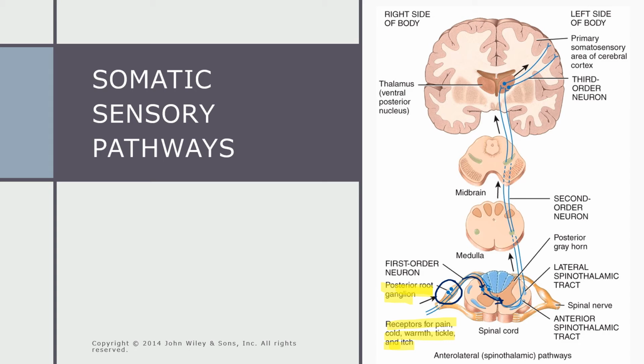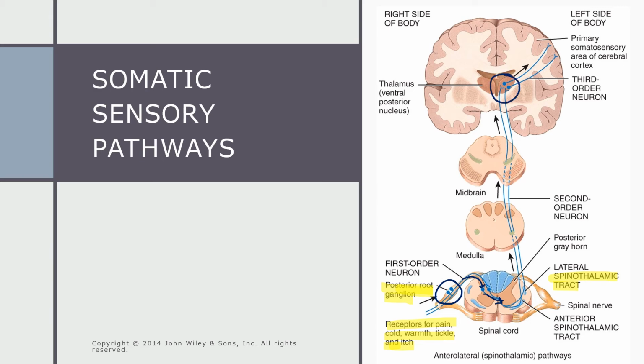Now the axons of the second order neurons will then pass upward to the brainstem by the spinothalamic tract. So that's where this one gets its name. This is the spinothalamic tract. The axons of the second order neurons will then end in the ventral posterior nucleus of the thalamus.